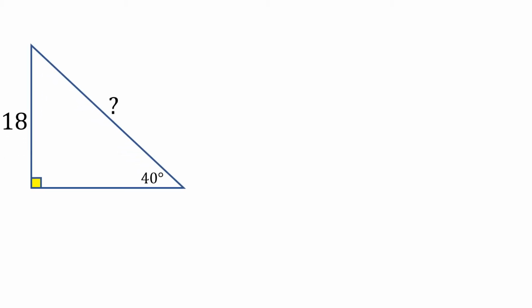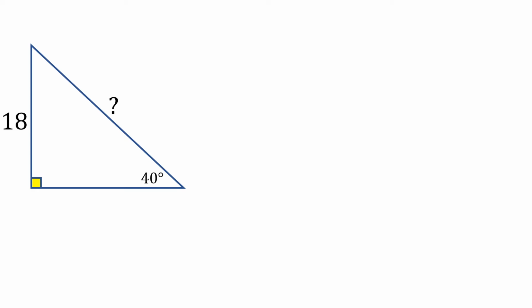So let's have an example and use SOHCAHTOA to solve the missing part of a right triangle. For example, we have a given side 18 and an angle 40 degrees, and we have a missing side, which is the hypotenuse.